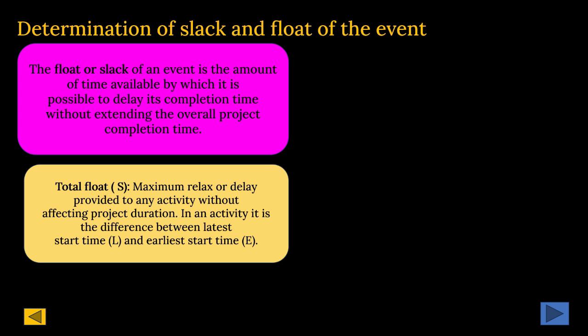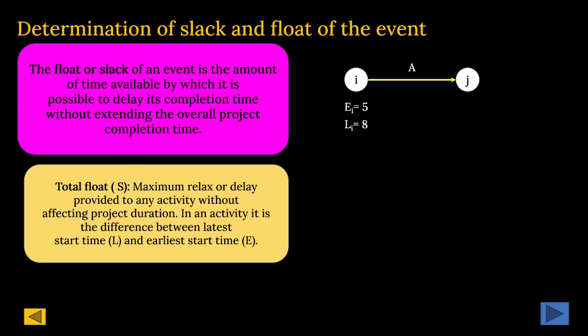Now to understand this in a better way, we are taking another example. Suppose your activity A is starting from the ith node and finishing at the jth node. Your earliest start time is 5 days and the latest start time at the ith node is 8 days.